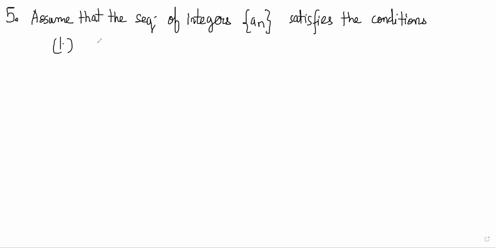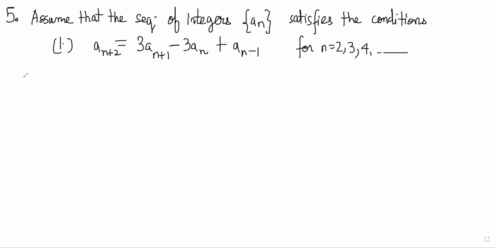First condition is a of n plus 2 is equal to 3 times a of n plus 1 minus 3 times a of n plus a of n minus 1 for n belonging to 2, 3, 4, and so on.